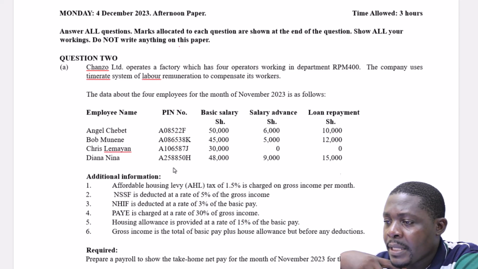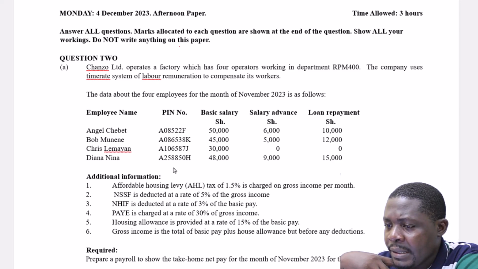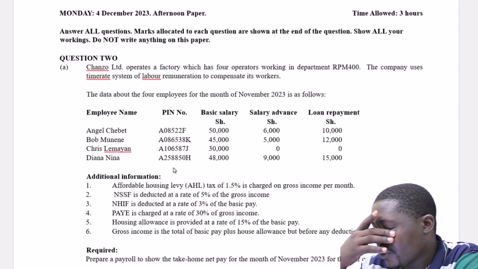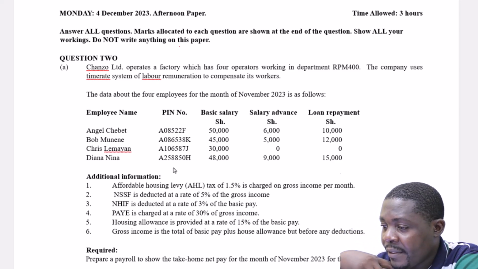Angel Chepet, we have been given the salary, advancement, and loan. Bob Munene, Chris Lemayan, and Diana Nina, we also have their details. Then additional information, we are told that affordable housing levy is 1.5%, charged on the gross income per month.